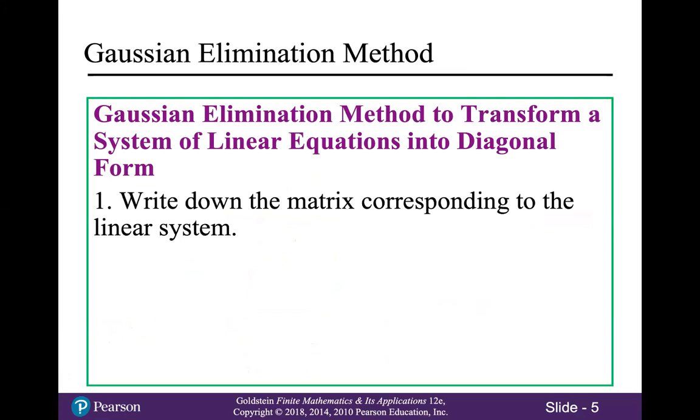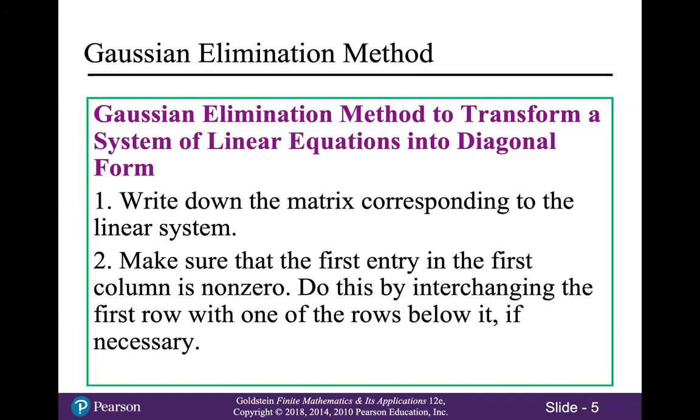So the first step is to write down the matrix corresponding to the linear system. Then we need to make sure that the first entry in the first column is non-zero. We do that using elementary row operation number 1, which is to interchange that row with one of the rows below it. This is usually not necessary.